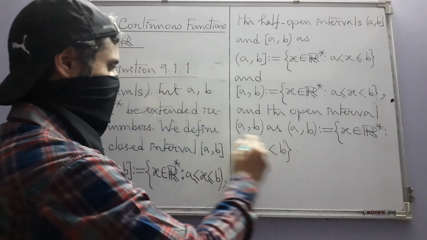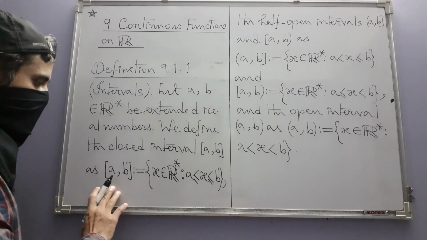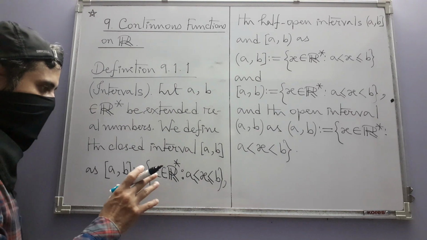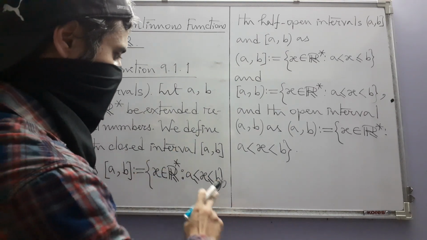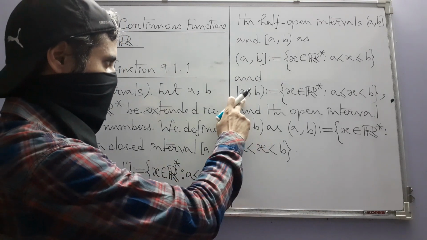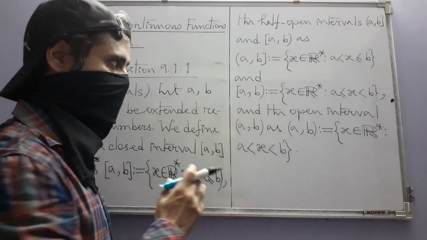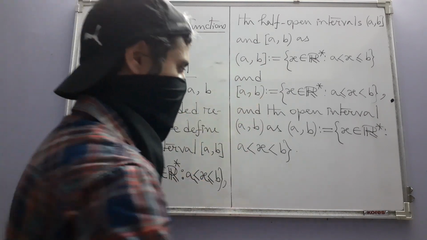In this case, both the inequalities are strict. Okay, so you can see that these are some special types of subsets of the extended real numbers, and each one of them depends on two extended real numbers a and b, and these numbers have names.